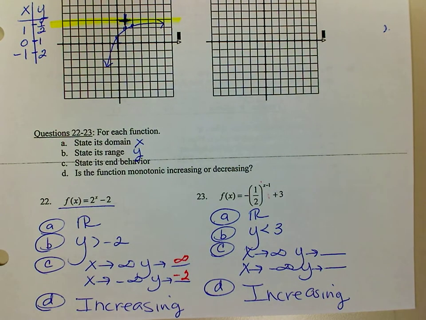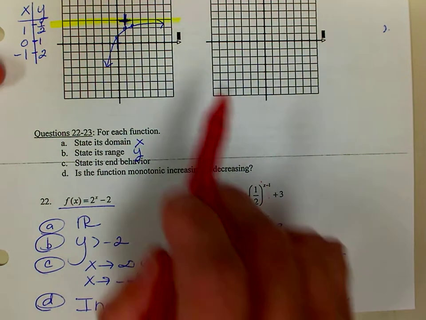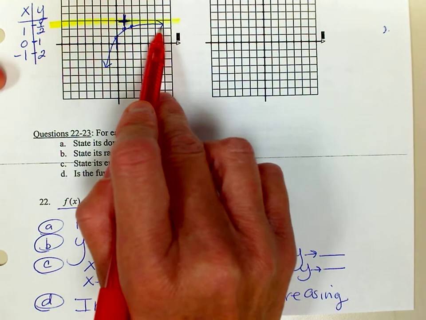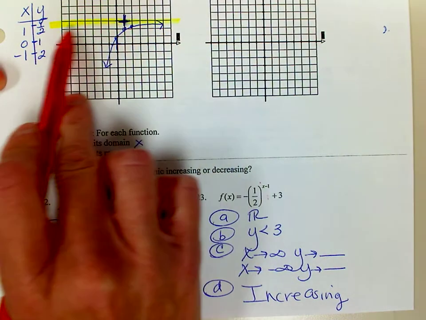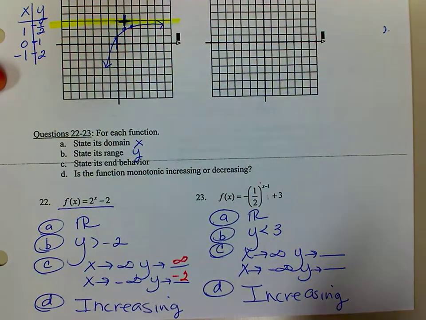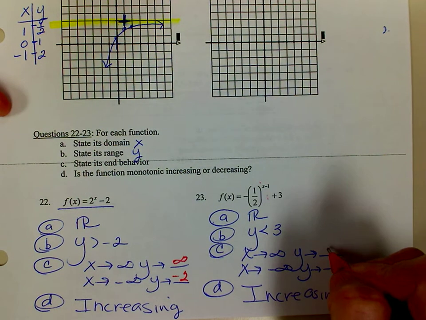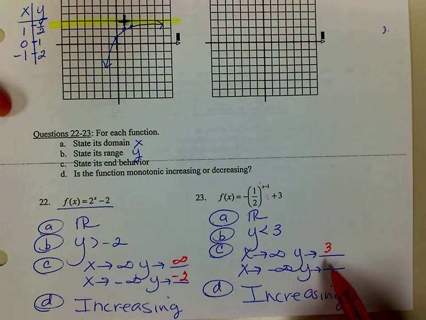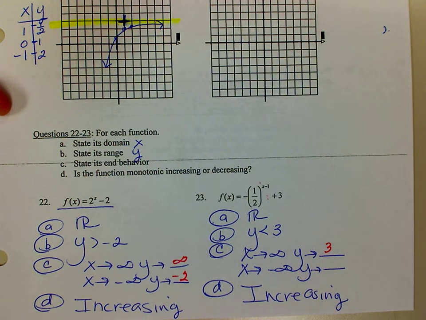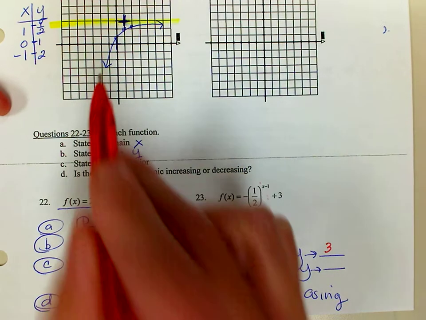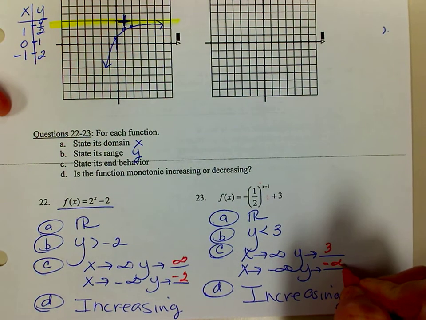Okay, so now let's do end behavior. So on the right side, it's flattening out. It's flattening out to whatever this y value is. And we said it was 3. It's always going to be the number in the range. And then on the left side, my arrow is going down. So this one's negative infinity.